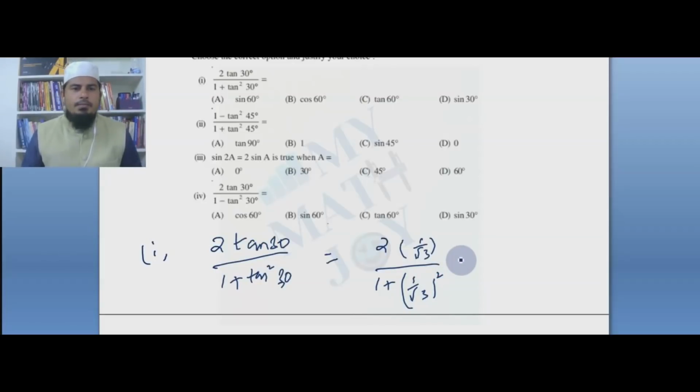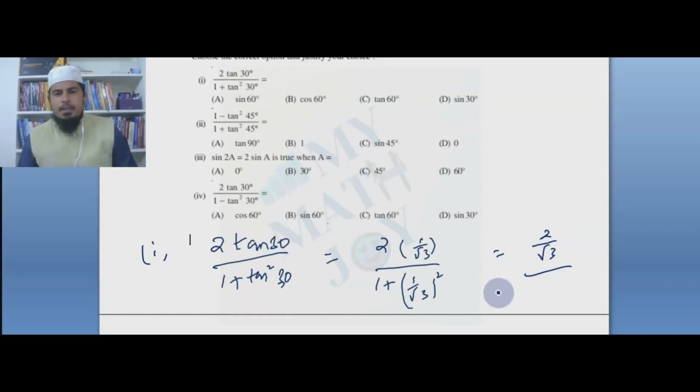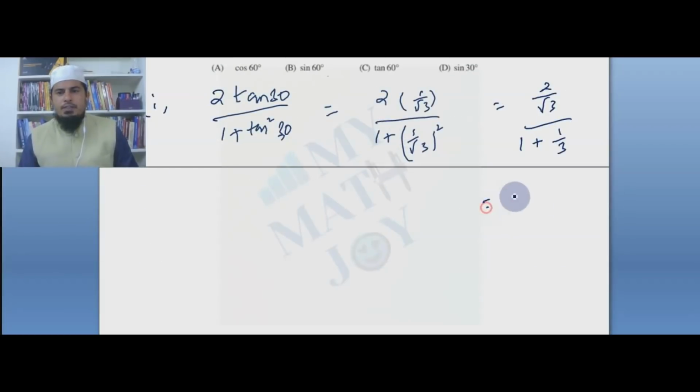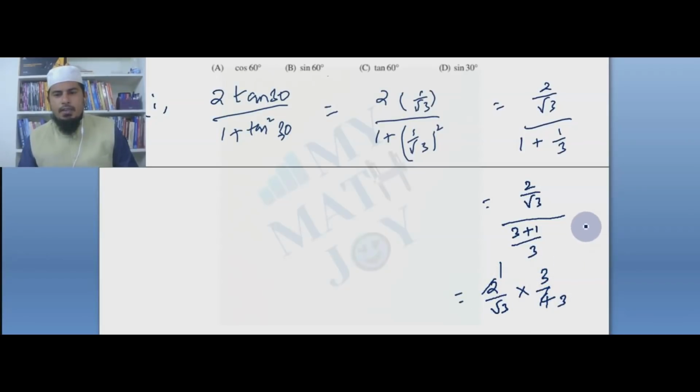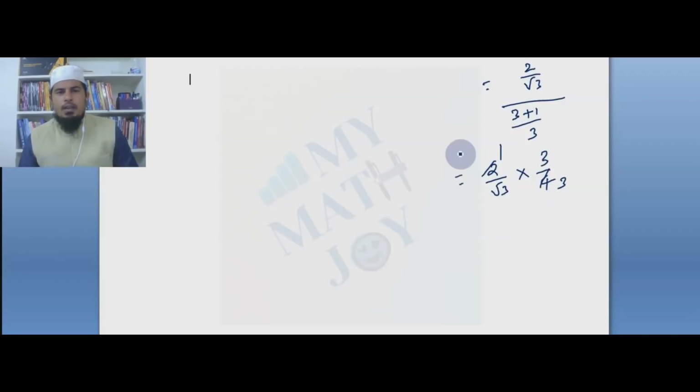Any problem? No problem. Then 2 over root 3 divided by, if you simplify this, you'll get 1 plus 1 by 3. Then further simplification gives you 2 over root 3. Here cross multiplication, 3 plus 1 by 3. You will get 2 over root 3 times 3 by 4. If you cancel 2 times like this, you will get, I'm sorry, this is not 3, this is 2.